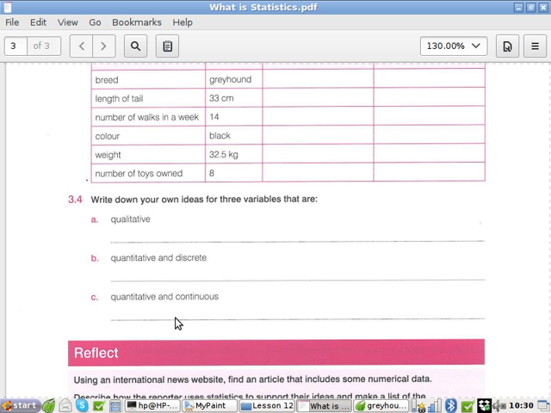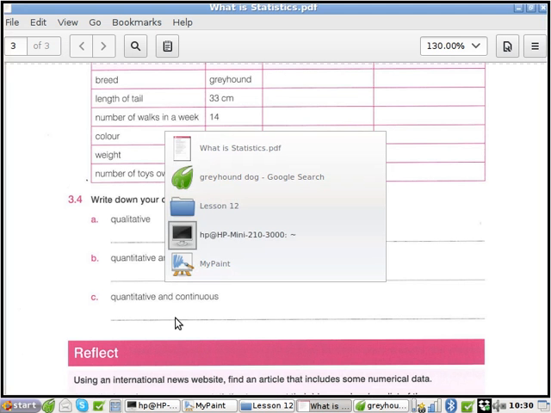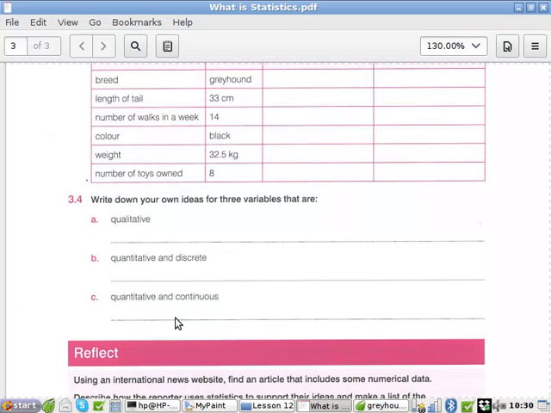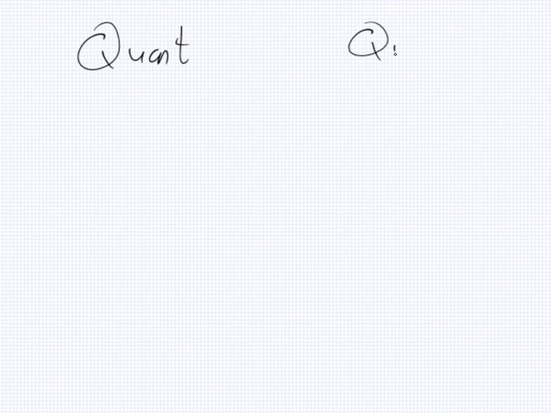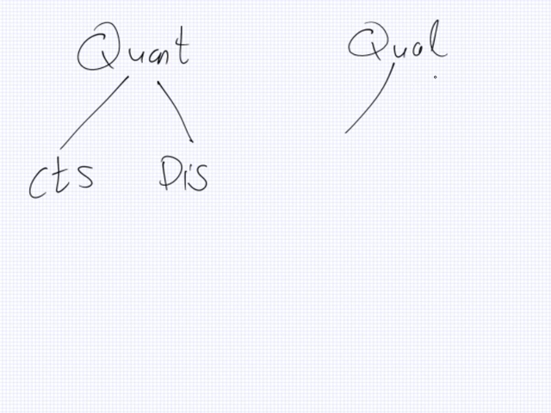There's one more thing for me to do, which is not on this worksheet, but I'll give it to you here. So you can write it on the back. So we have quantitative and qualitative. And quantitative can be continuous or discrete. But qualitative can also be separated into what we call ordinal and nominal.